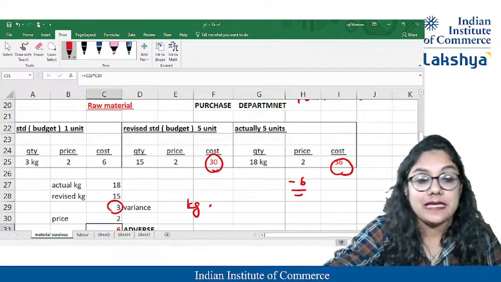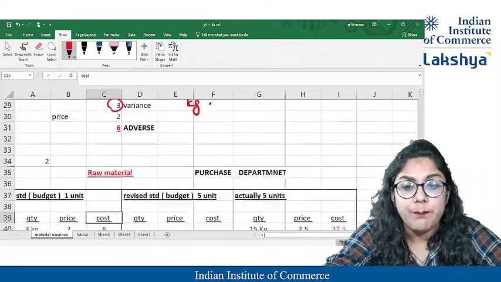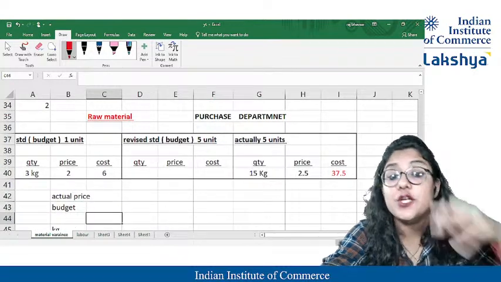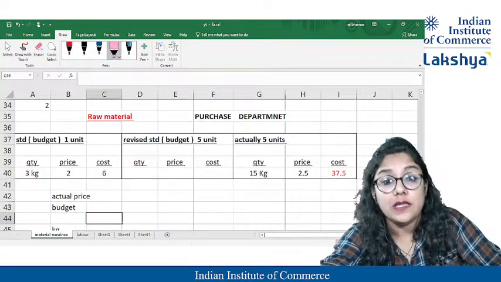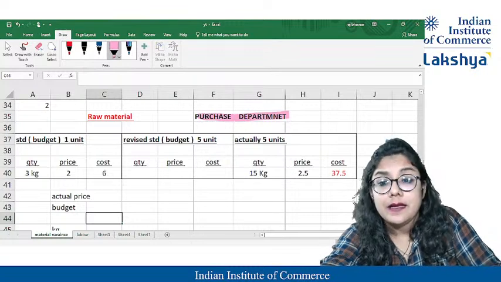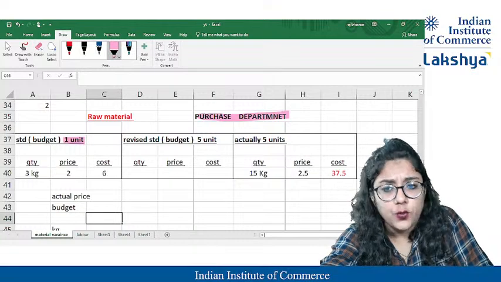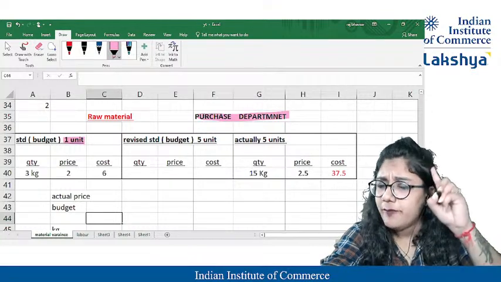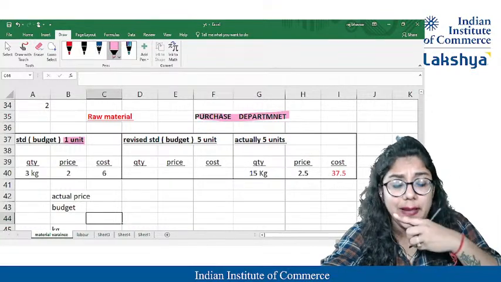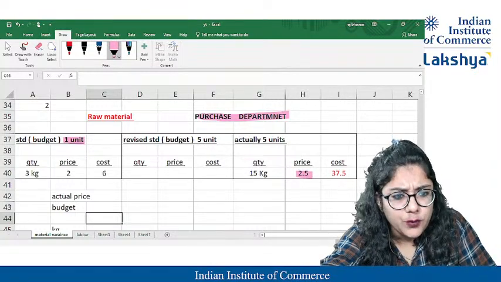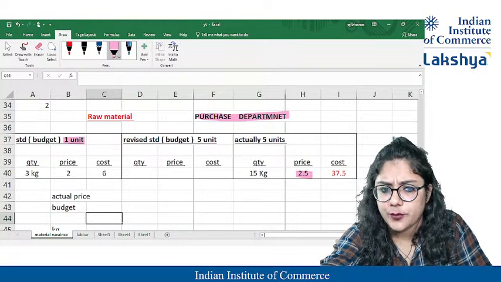Up next, we have a second point, which is based on the prices. For example, I am talking about the purchase department. I want to scold the purchase department. Why? Because for 1 unit you wanted 3 kgs at the rate of 2, and 6 is what you planned on day 1. But actually for 5 units, you required 15 kgs at the rate of 2.5, so your cost was 37.5.